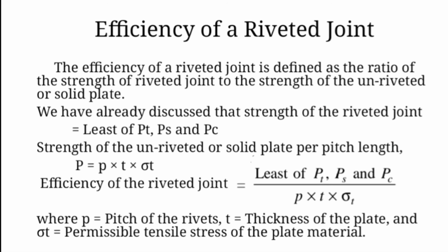The strength of the unriveted solid plate per pitch length is equal to p into t into sigma t. So the efficiency of the riveted joint is the least of Pt, Ps and Pc divided by p into t into sigma t, where p is the pitch of the rivet, t is the thickness of the plate, and sigma t is the permissible tensile stress of the plate material.